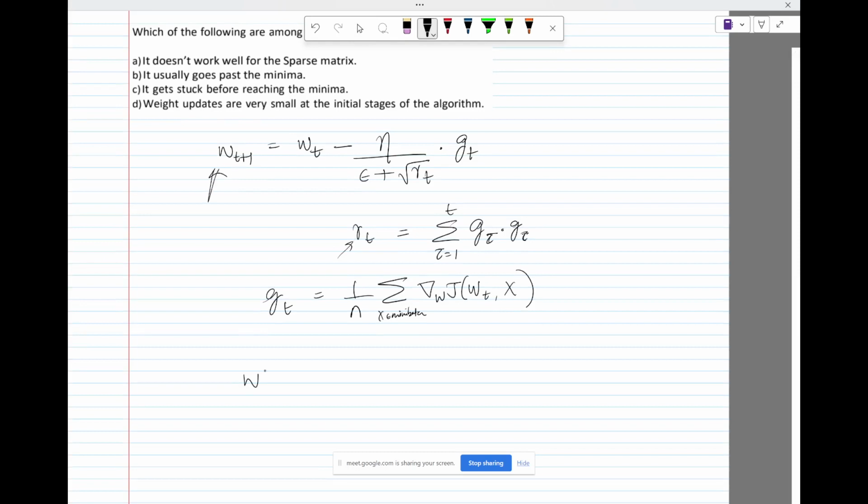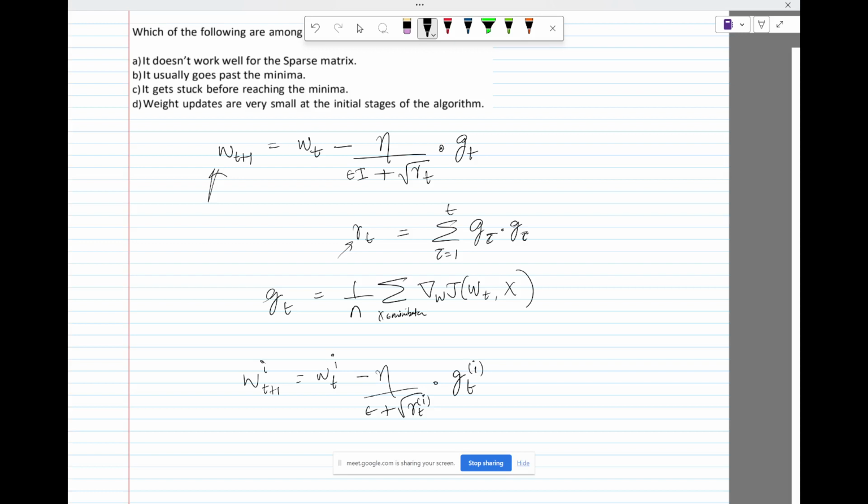If I have to just look at one of the W_t, so here if it is a vector it will be epsilon times I. So for a single value we have R_t ith value into the gradient ith value.